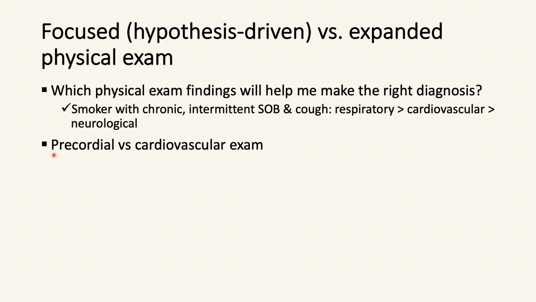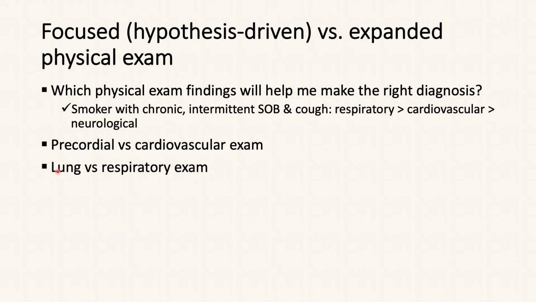Precordial examination is basically inspection, percussion, palpation, and auscultation of the precordium, versus a cardiovascular exam, which also has many components, including the general exam, looking at the breathing effort, examining the pulse, examining the blood pressure in both arms, examining the JVP, looking for carotid bruits, looking for lower extremity edema, etc. So a cardiovascular exam basically means you're trying to elicit physical examination findings related to the cardiovascular complaint that a patient is having, or the cardiovascular problem that you think your patient is having.